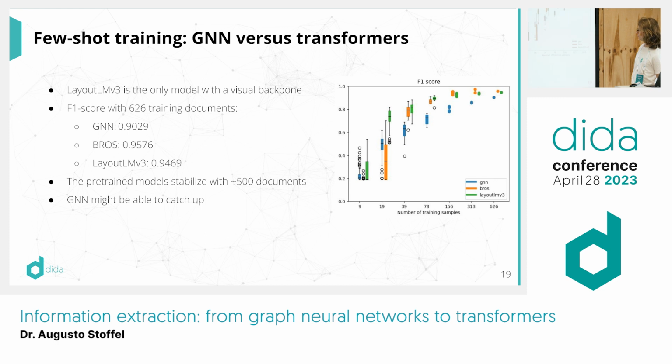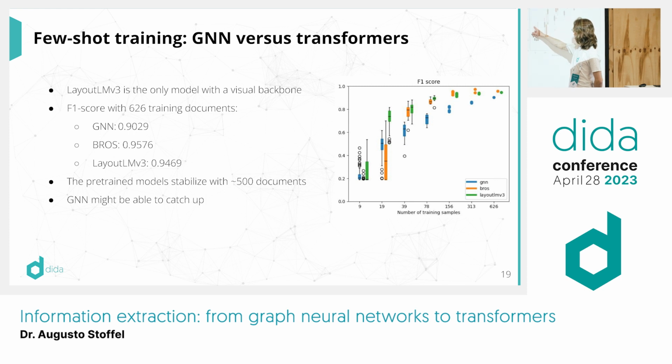So what do we learn from looking at this, or what do I see that looks interesting? When we give ourselves 9 training samples, sometimes we get lucky and the model actually learns something, but most of the time it's just a random guess. We have 5 classes here, so 0.2 is the F1 score of a random guess.